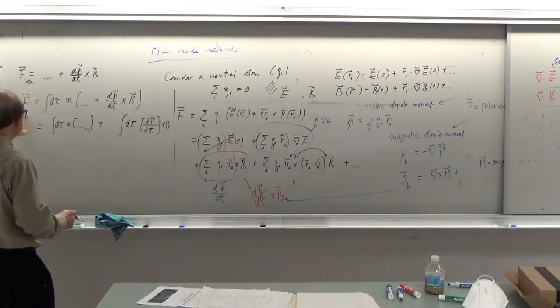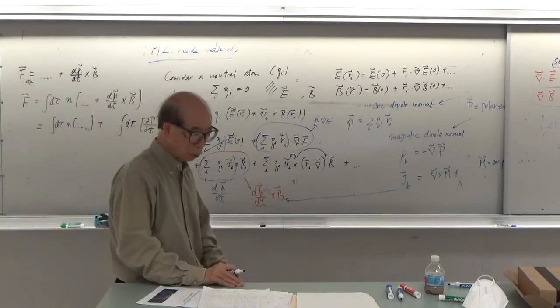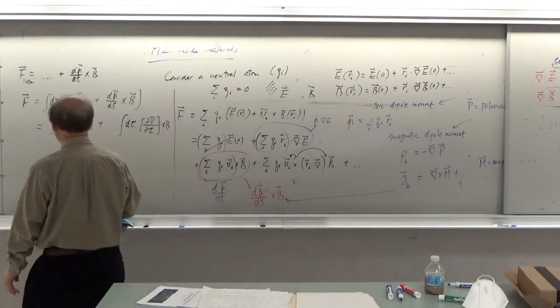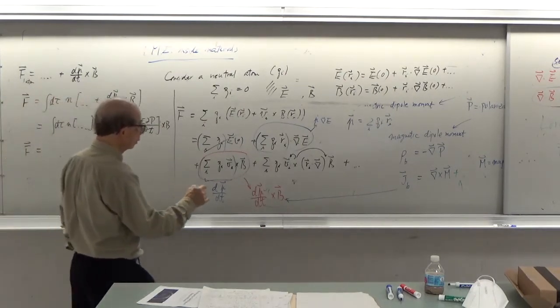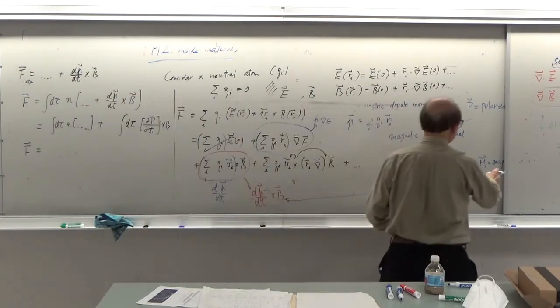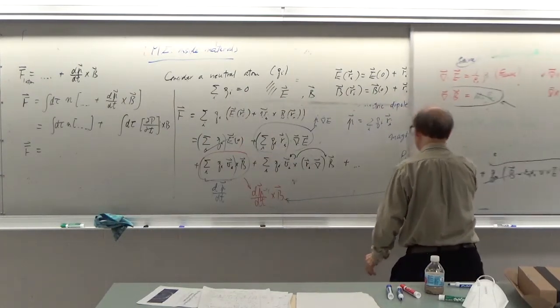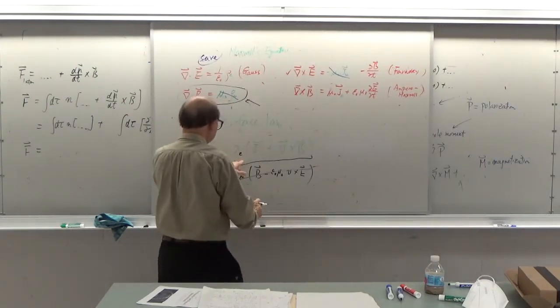Now let's compare this expression for the force acting on the piece of macroscopic material to the form of the force given by the usual Lorentz force law, except that this is for one particle.